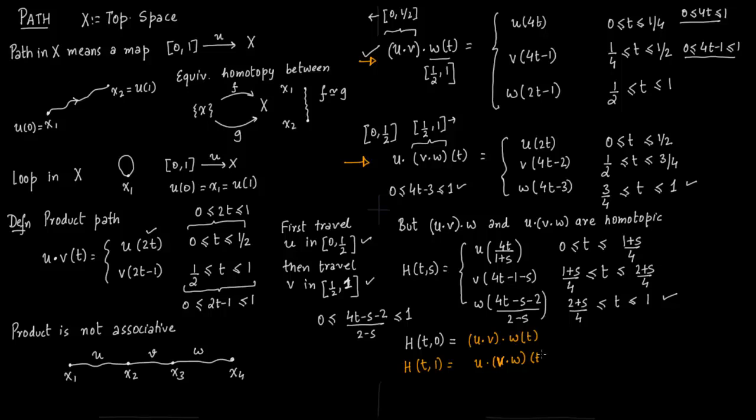So now you can see that this homotopy is a continuous map. Now if you plug in t equals to 0, you are at u of 0. Now u of 0 is x1, as you can see in the figure.